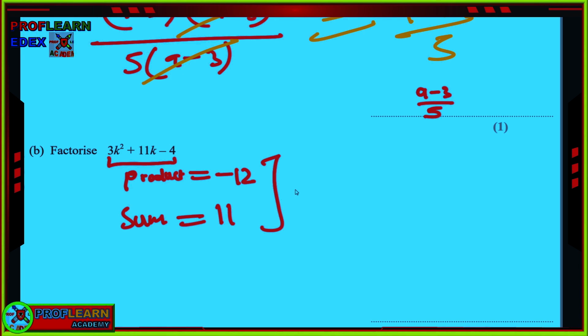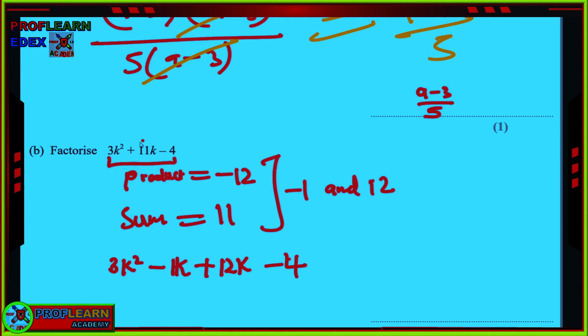The two numbers will be negative 1 and positive 12, because positive 12 times negative 1 gives negative 12, and if you add, you get positive 11. So we can write this as 3k squared minus 1k plus 12k minus 4. In this case, we have written 11k as negative 1k plus 12k.